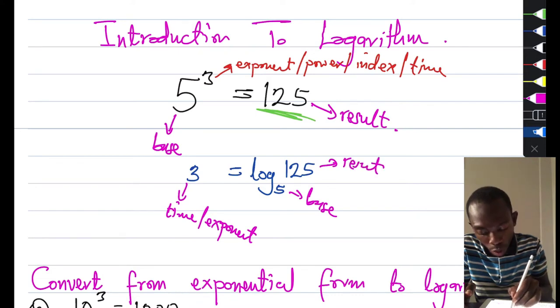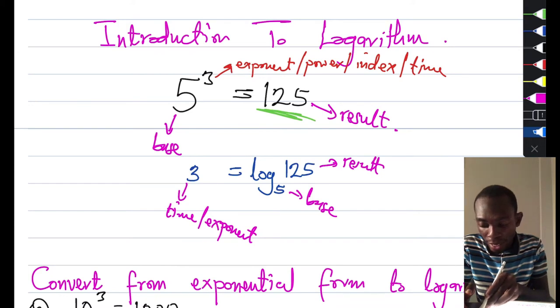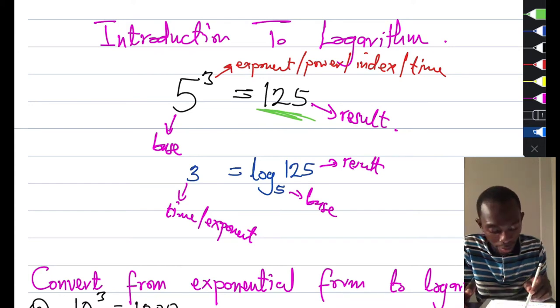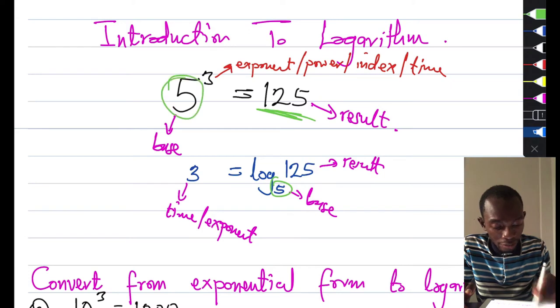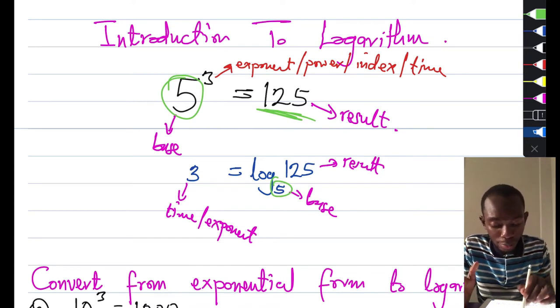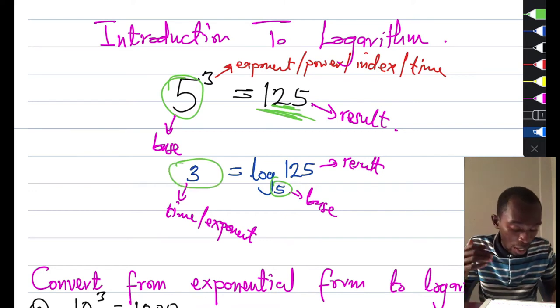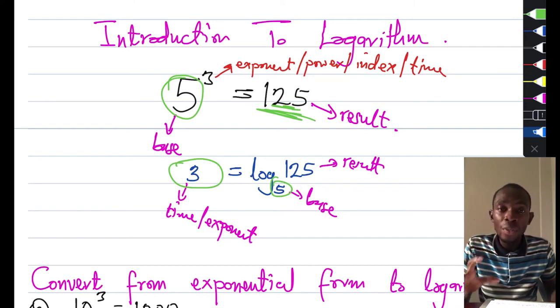When you compare, the base still becomes the base. 5 is the base in the logarithmic way as well. The only thing that is changing is the subject. The subject used to be the result, and now the subject is the exponent. So you always make the exponent the subject, and the base in the indices form still remains the base in the log form, and you are good to go.